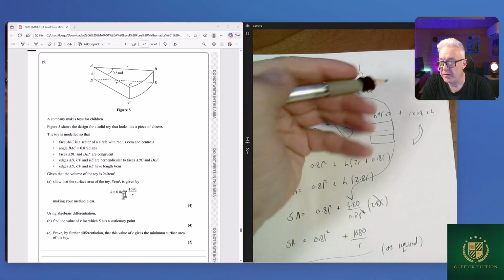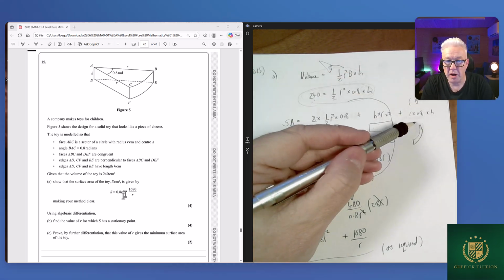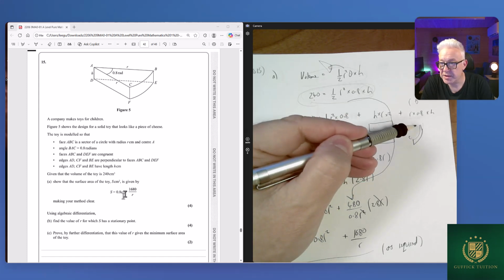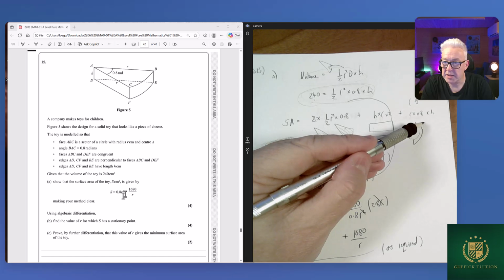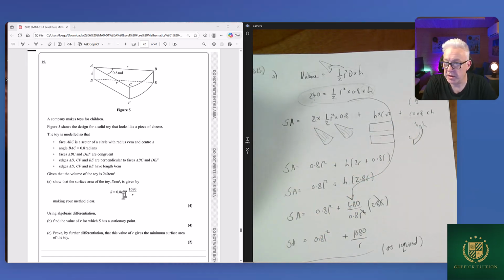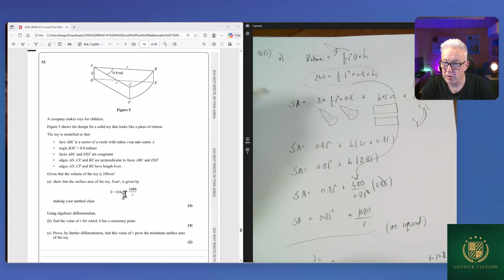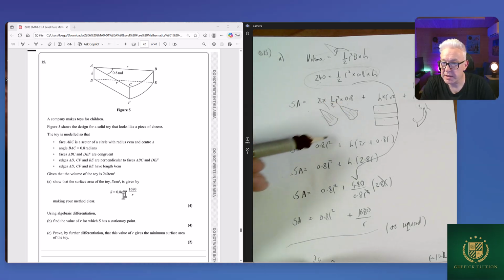And then if you remember, the arc length is equal to r theta. So the arc length from here, from C to B, is r theta. So r times by 0.8 times by h is going to be the surface area of the curved bit at the end. So bringing all of that together, we have 0.8r² there, so that's this bit.